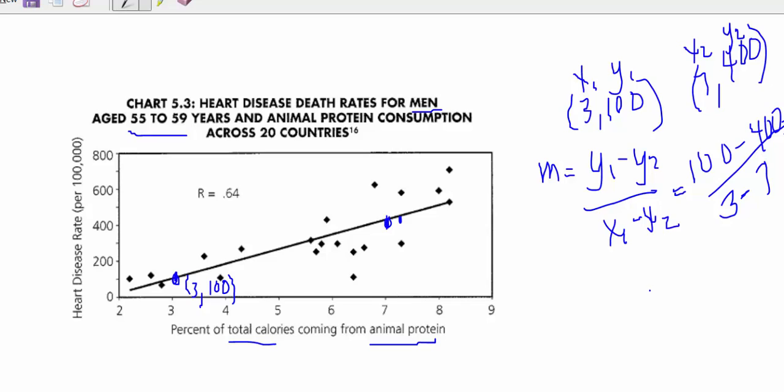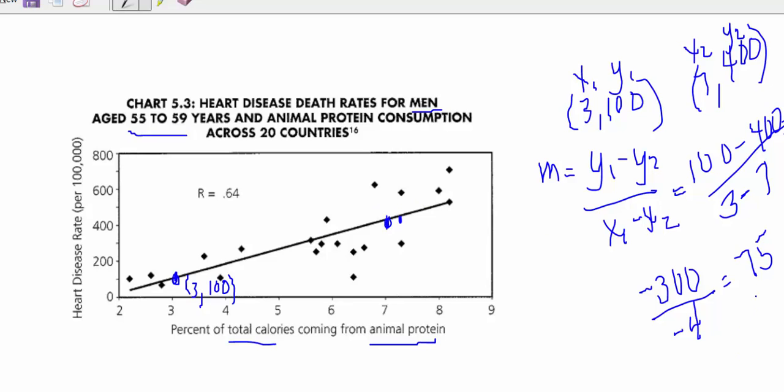I'll get negative 300 divided by negative 4. The negatives cancel each other out, so it's a positive slope, and 4 times 7 is 28, so 75. So the slope is 75, and it's positive, which makes sense because this is going uphill.